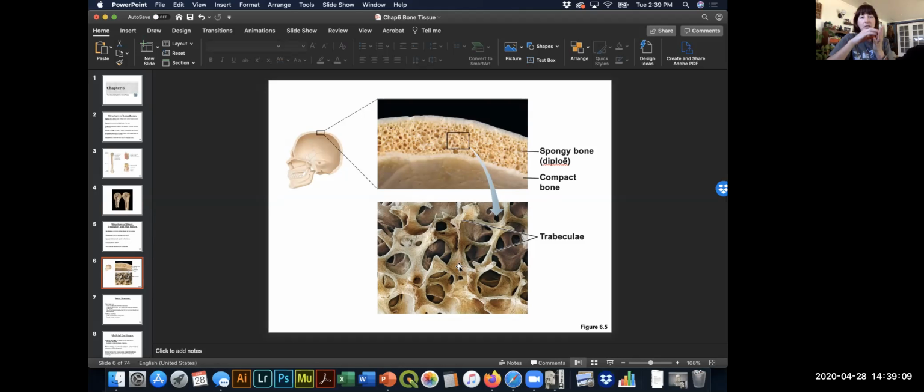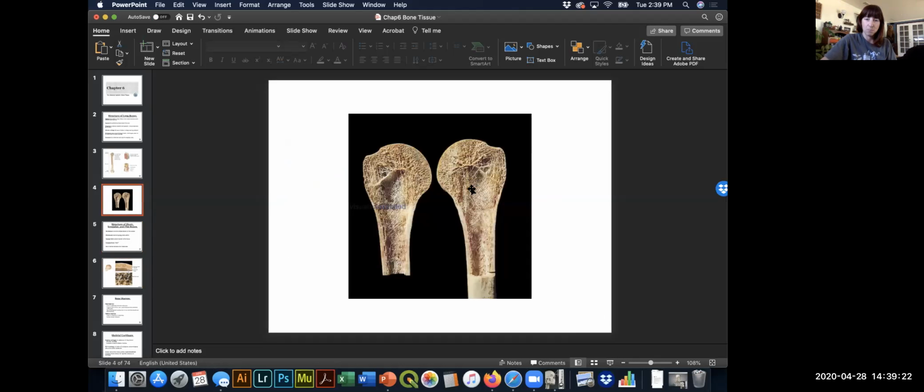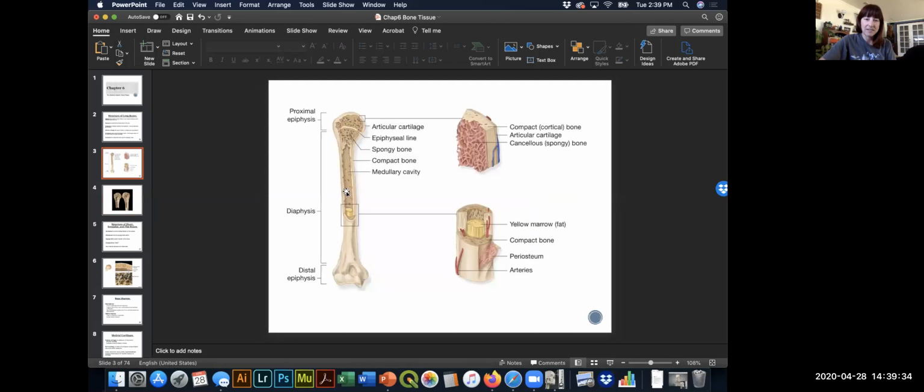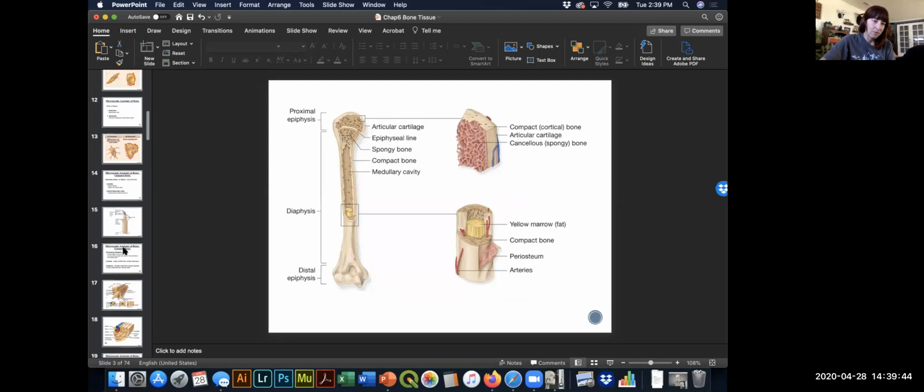So the spongy bone tissue fills all of those types of bones completely. But for long bones, you only have spongy bone tissue at the ends. So at the epiphyses of long bones, you have spongy bone tissue. But in the diaphysis, in the shaft of the long bone, it's basically a tube of compact bone that's hollow on the inside. And that hollow space is called the medullary cavity, and it is generally filled with yellow bone marrow.